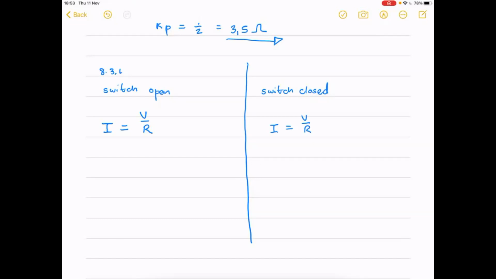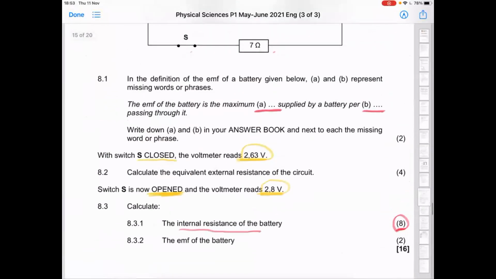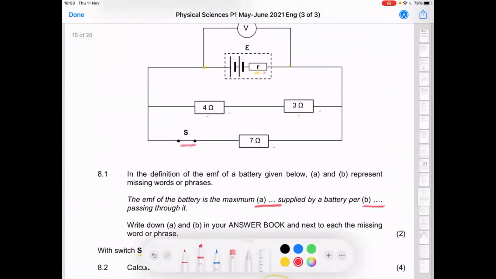When the switch is opened, I'm going to have to go back to the drawing to show you. When the switch is opened here, what is the resistance in the circuit? Well, there's only the 4 ohm and the 3 ohm in series with each other.